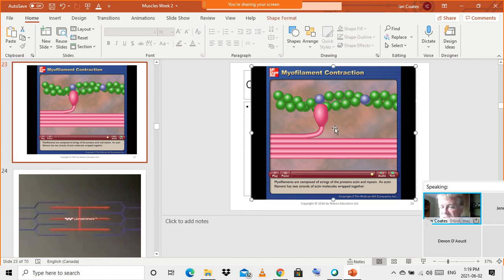I'll see what I can do, if everyone is in agreement, if I leave some movies up for 24 or 48 hours. Let me see what I can do this afternoon. I can't leave them up forever, but if I can leave movies up for 48 hours or 24 hours, then you guys can download them and watch them. I think these movies are good. I got them from McGraw-Hill, and I'm trying to get more.